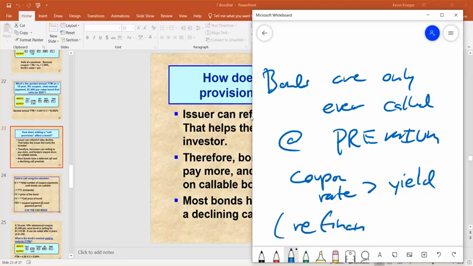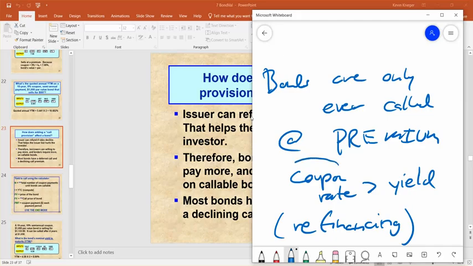Like if you're refinancing a mortgage, when do you refinance a mortgage? You refinance when the market rate that's out there goes down and your locked-in fixed rate is now relatively high. That's exactly what happens with callable bonds.